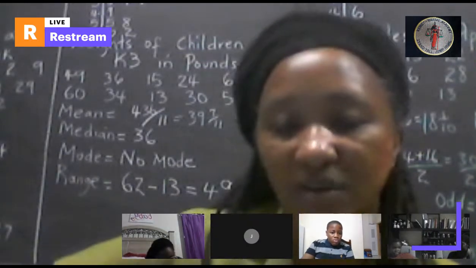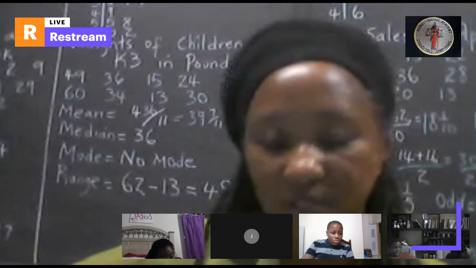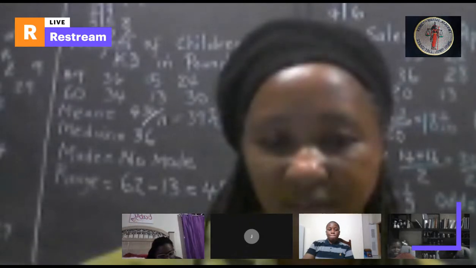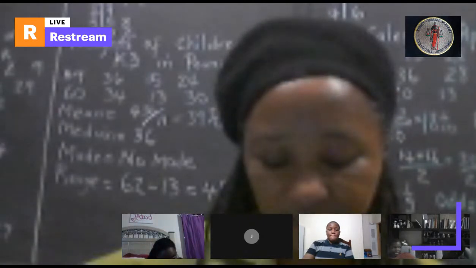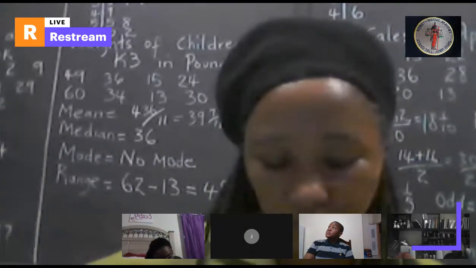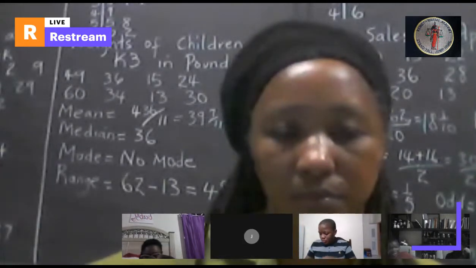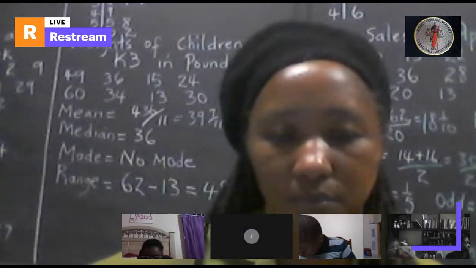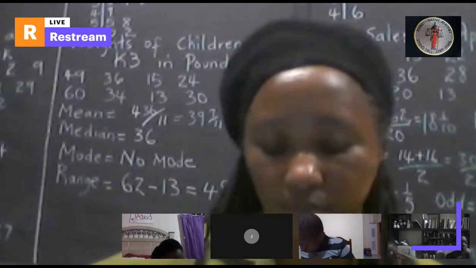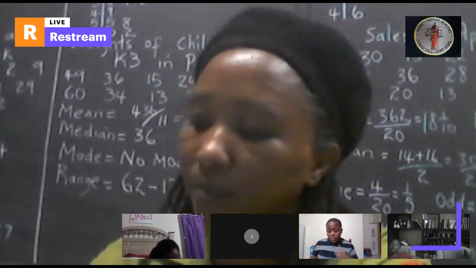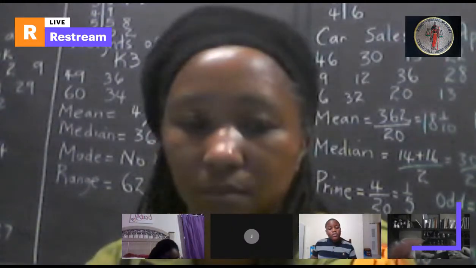What is the probability of us getting a factor of 60? What's the probability of a number being a factor of 60? Miss, is it 4/10?